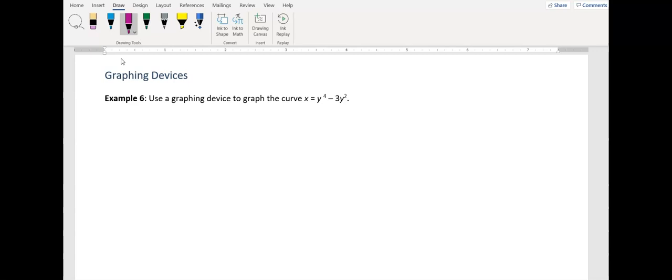area and volume, you want to use the parametric mode, which is, remember, when you have your x1 and y1, and you're going to have your x1 be, now when you type it in your calculator, it's going to be in terms of t, so it'll be t to the fourth minus 3 t to the second.